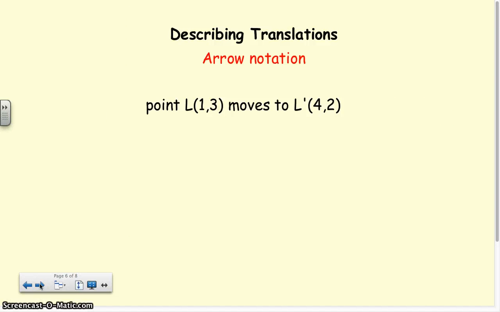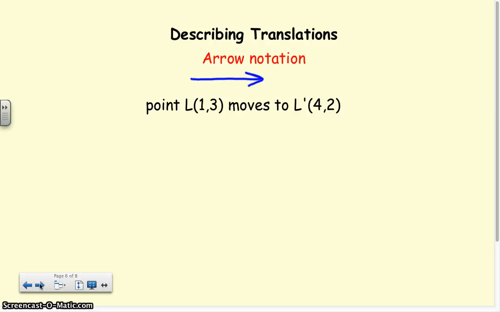Alright. Describing translations. We use what's called arrow notation. That's what I showed you at first. An arrow notation is represented by some long arrow.